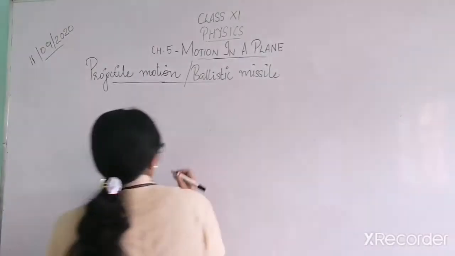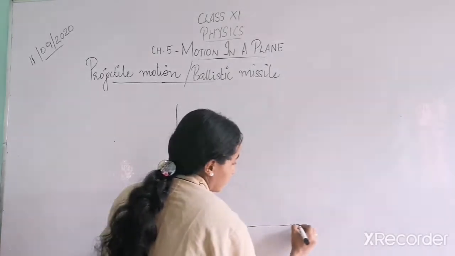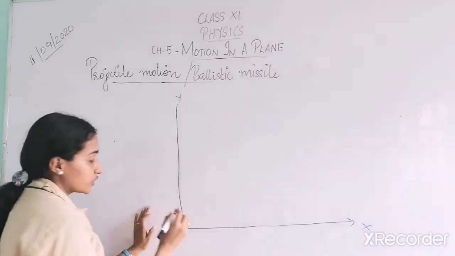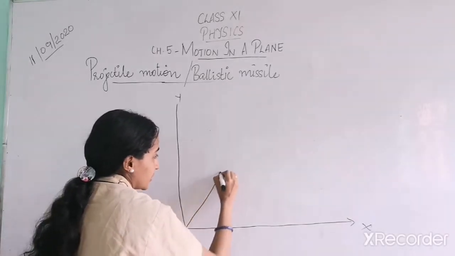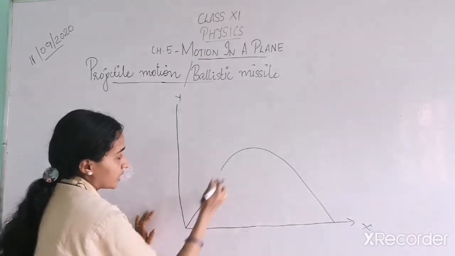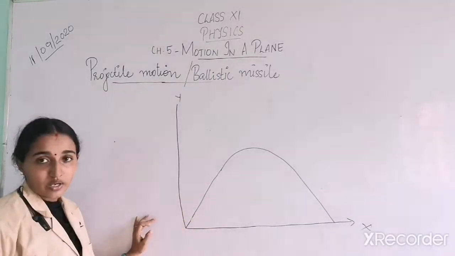I told you we are going to redraw the figure, and you are going to make it in a Cartesian coordinate system. So this is your x-axis, y-axis, and the path followed by a projectile is going to be a parabola. I have drawn a parabola here.